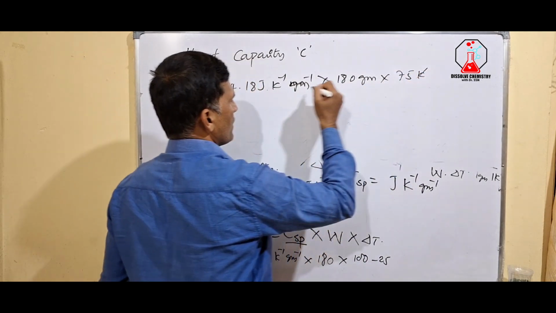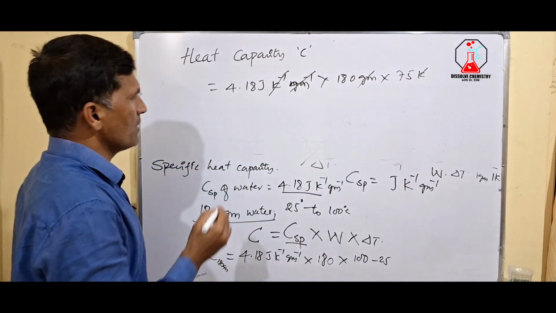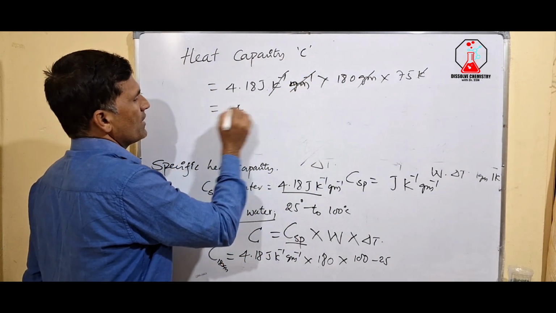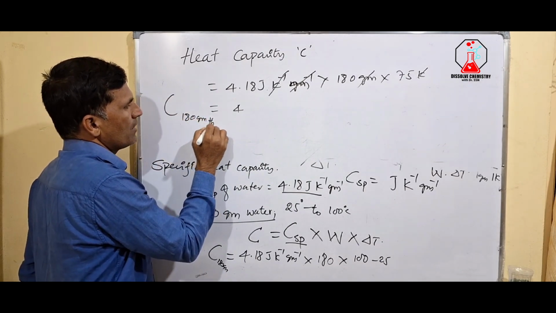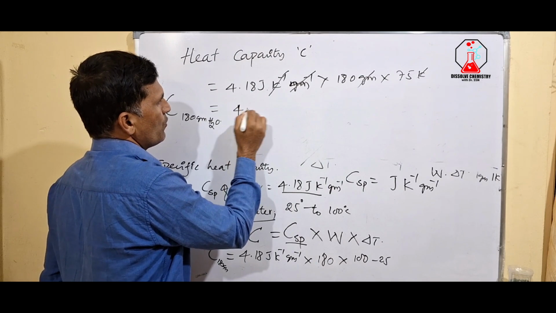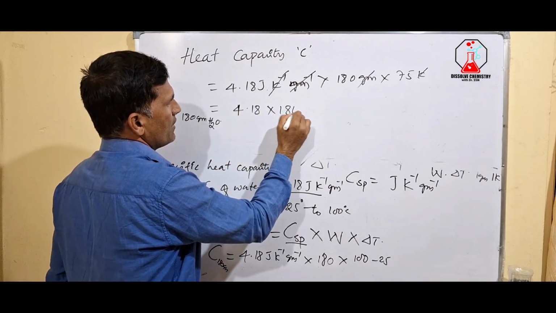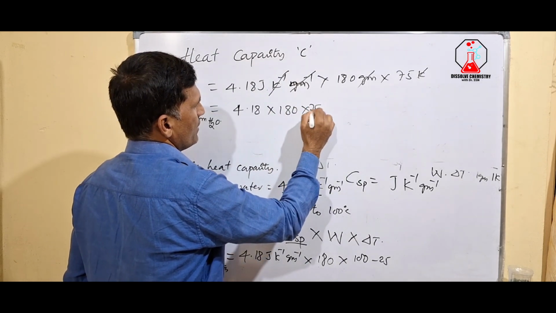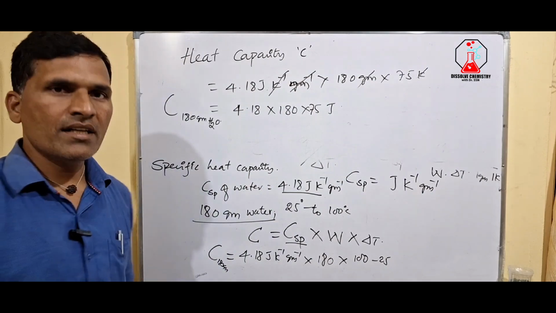You can see Kelvin per Kelvin gets cancelled, per gram gram gets cancelled. So therefore you will be getting heat capacity of 180 gram of water is equal to 4.18 into 180 into 75 joules. Okay, so this you simplify and you will get the answer.